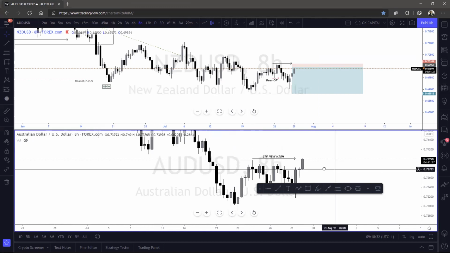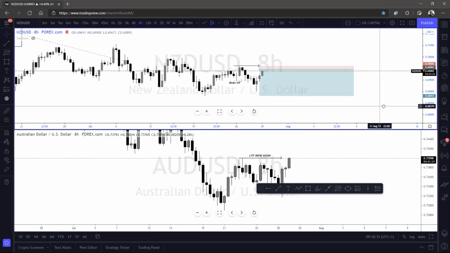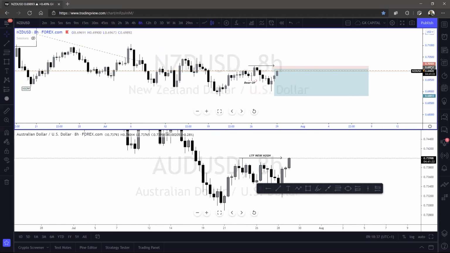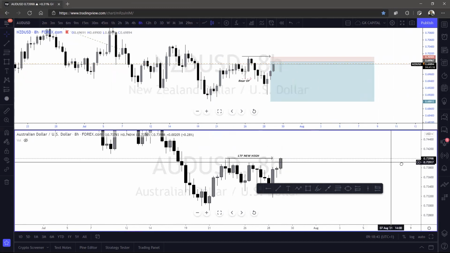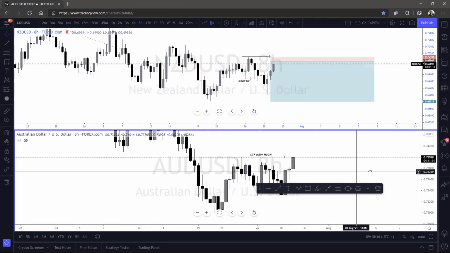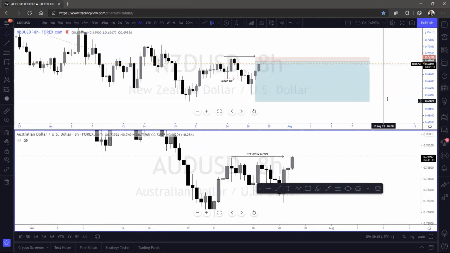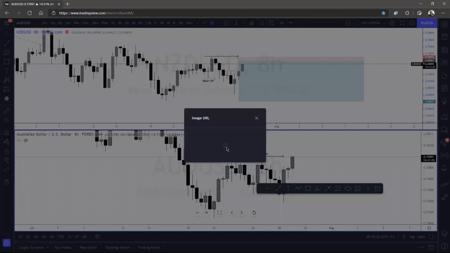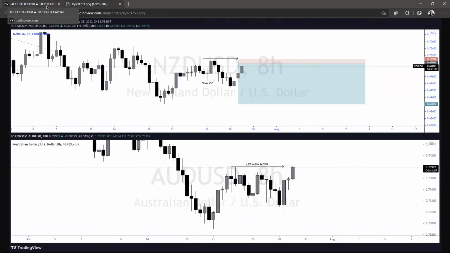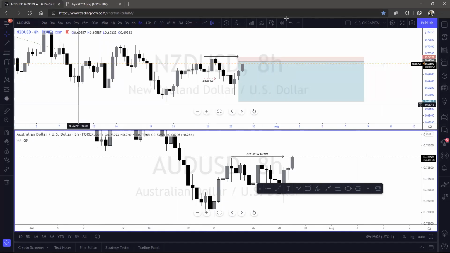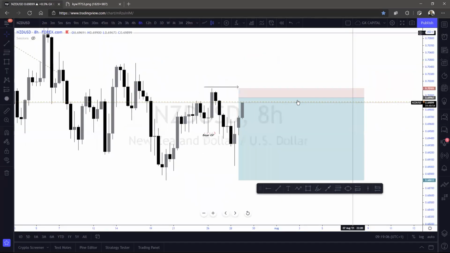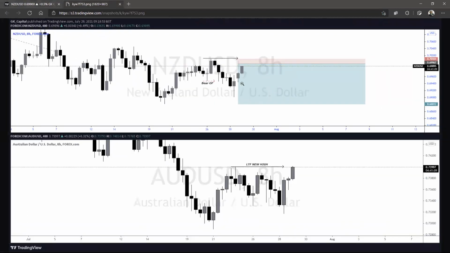So it'll be interesting to see what happens. Cool. So yeah, it will be interesting to see what happens. I think this is the only one that's doing this.